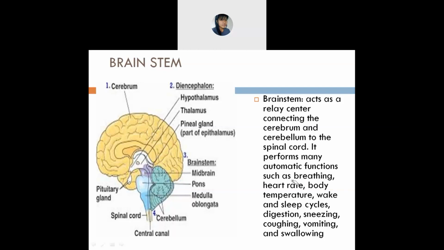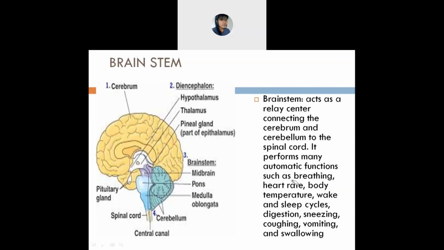Whenever you eat something and you chew, as soon as it enters inside you, they just perform their function automatically. You don't need to go and say, oh, you need to do this, you need to do that. No, they just perform their own function automatically.